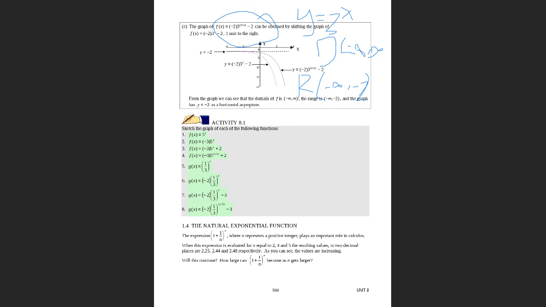Yes, Zulu. Can you please explain again the function of that minus 1? I missed it. Remember that back at school, when we were doing translations of graphs, whenever you add to the x, the graph will shift to the left by the same units. Whenever you subtract from the x, the graph will shift to the right by the same units. And when you subtract from the y, the graph will move down by the same units.